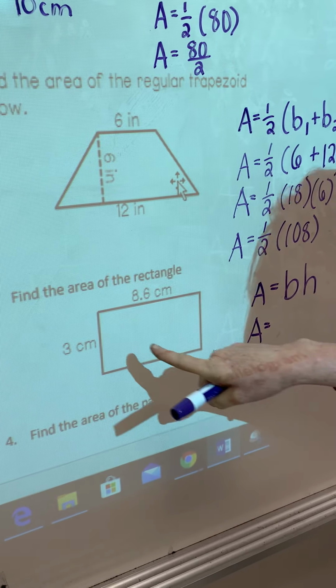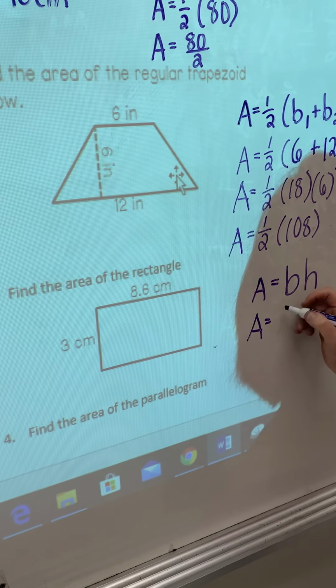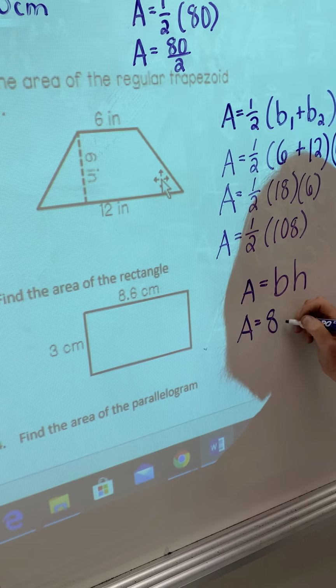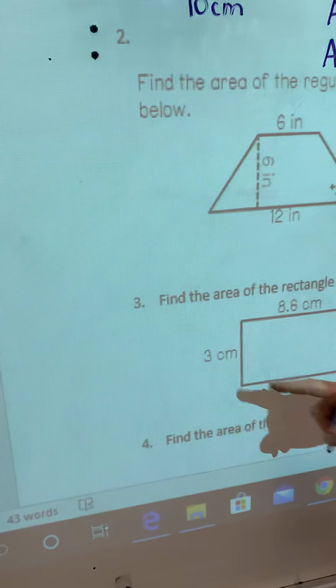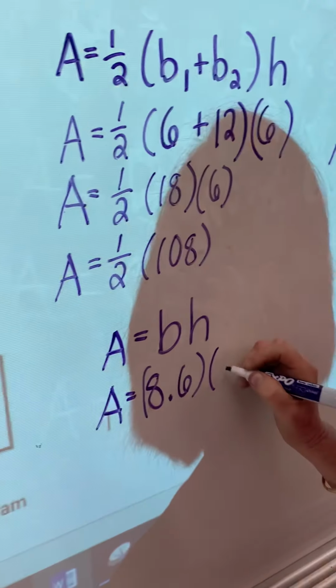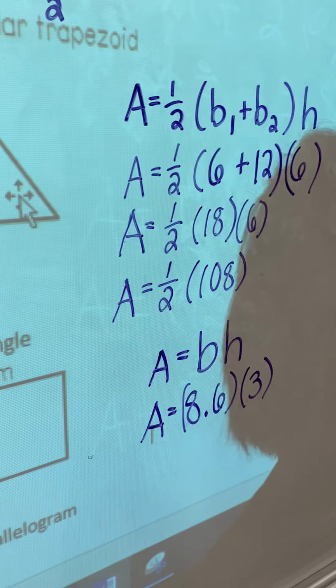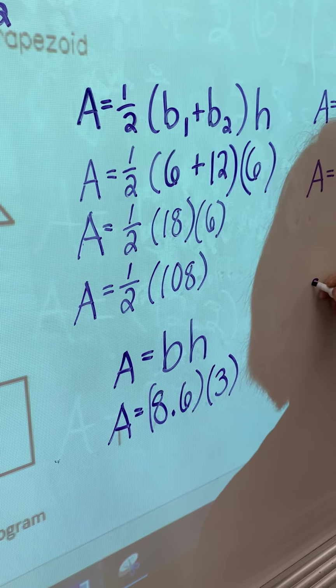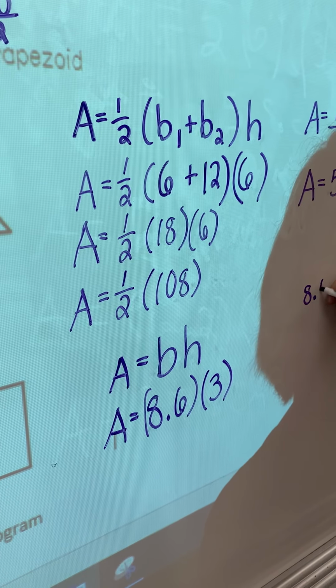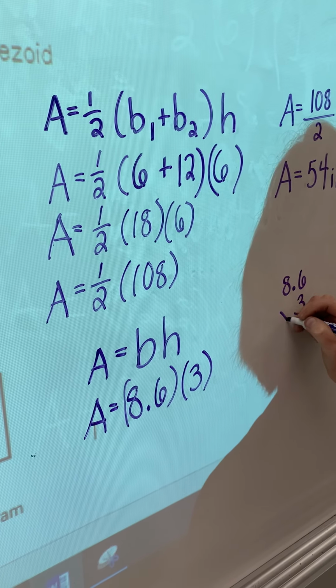So now I have a base, I'm going to plug it in, of 8.6. And then I have a height, a straight line, of 3. Now I'm going to multiply these together. So I'm going to work it out over here on the side. I've got 8 and 6/10, or 8.6 times 3.